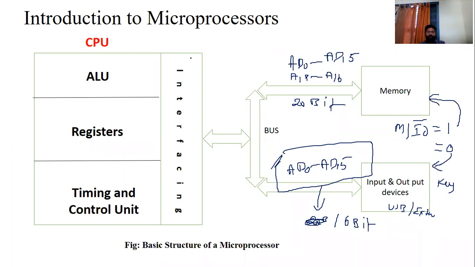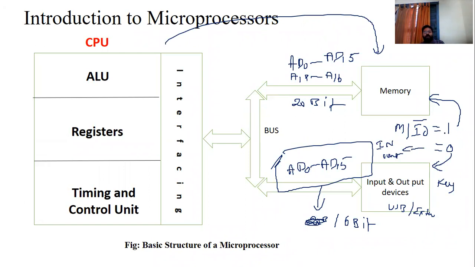When the CPU wants to connect the memory, this pin is equal to 1, nothing but the CPU is directly connected to the memory. But when that pin is equal to 0, you write an instruction, the in and out instruction, and at that time the microprocessor knows you are going to connect the input output devices. Remember, otherwise this pin is always equal to 1.